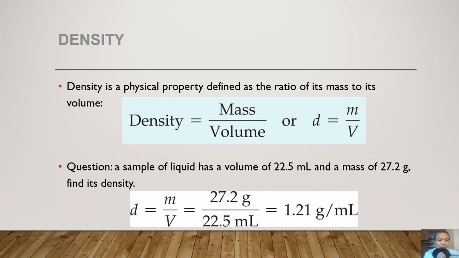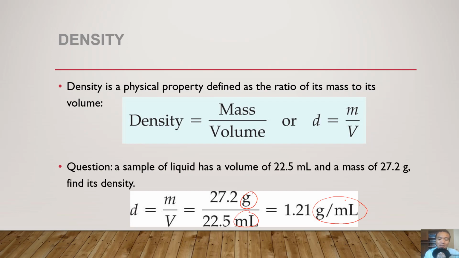For example, you have a sample of liquid that has a volume of 22.5 milliliter and the mass of 27.2. So we ask you to find the density. You simply do mass over volume and keep the correct sig figs, which is 3 sig figs, and don't forget the unit. So grams divided by milliliter, that gives you grams per milliliter, 1.21.